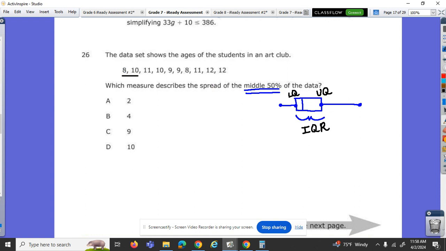We've got the ages here, and the first thing you should notice is that they are not in order from least to greatest. So we've got to do that first. So do that with me on your packet.